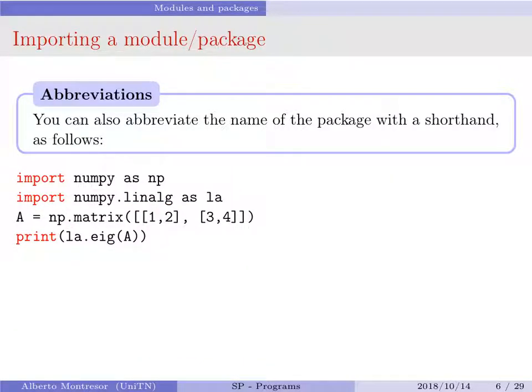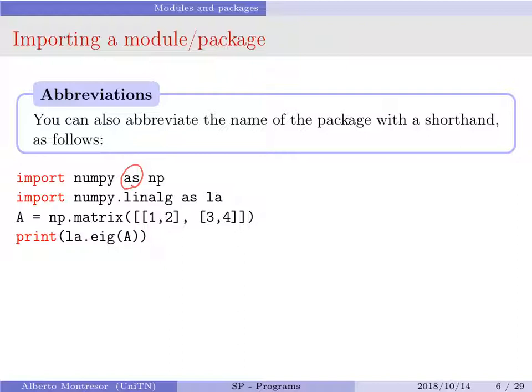You can also get quickly bored of writing numpy.linalg, etc. So there is the possibility of creating aliases, and you do it with the as keyword. So you import numpy as np.